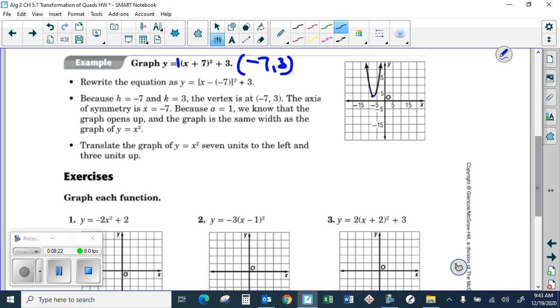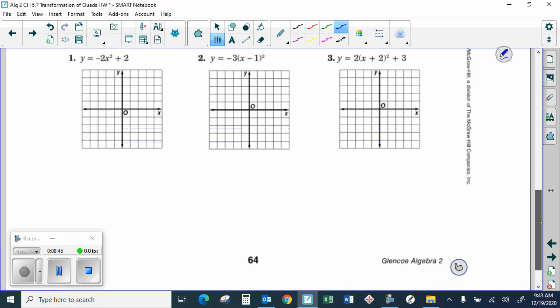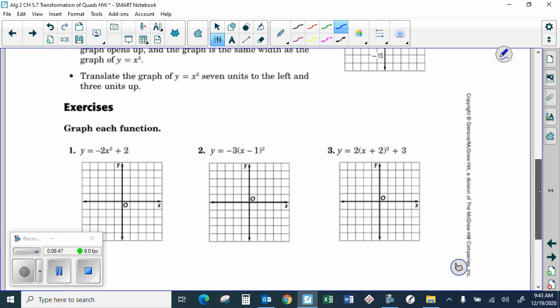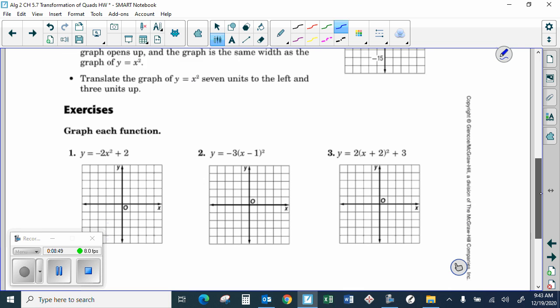I don't like how they went by 5s here, but that's -7, 3. I'm only concerned with you really having 1 point on each side, so you could go by 1s, and it's much easier to graph. Oh, wow. Only 3 problems to do on the side.